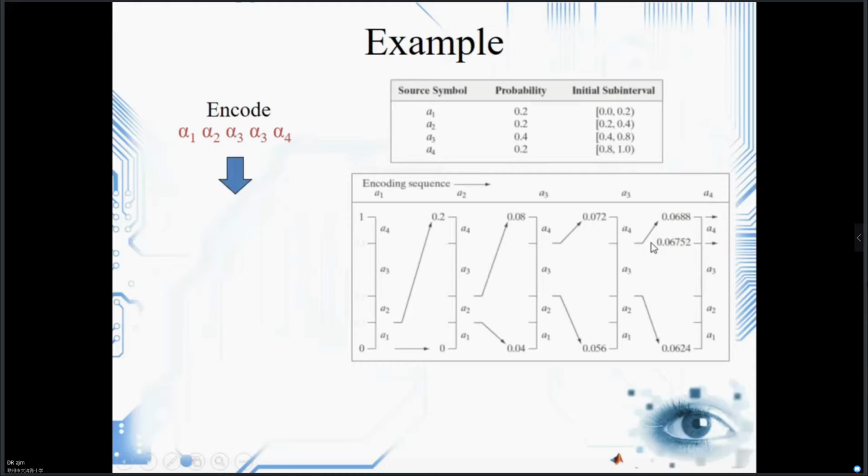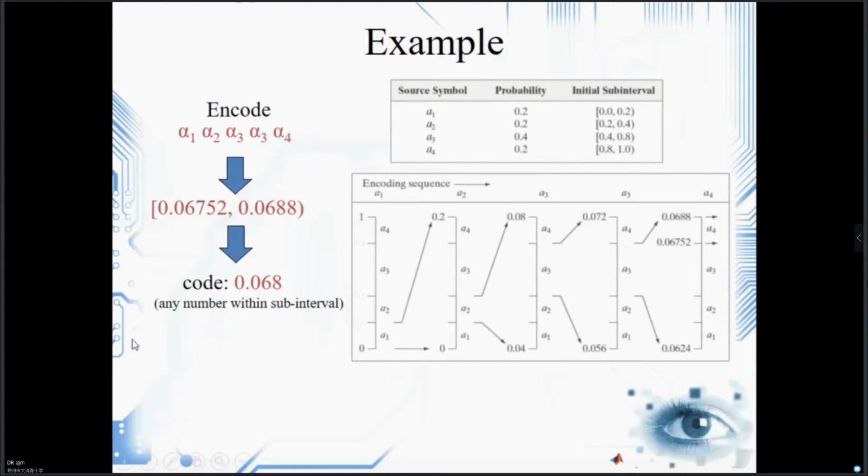This is something that we can calculate like this. As you will see, the interval and the code mean that any number within this interval will come out as this code. And finite precision arithmetic might cause a problem due to truncation. Please remember this point.